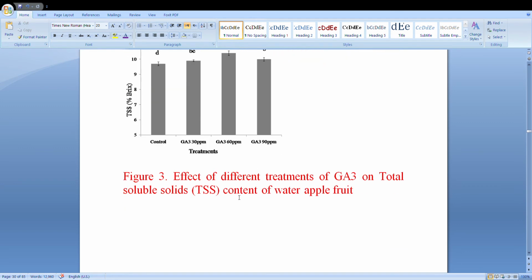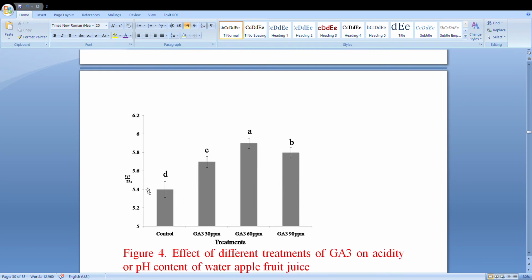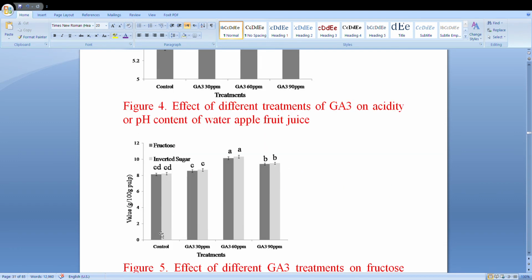TSS content was higher in the different concentrations of GA3 than control. pH was also a little bit higher; lower means more acidic, higher means less acidic, alkaline. So this is higher in the different concentrations of GA3 than control.